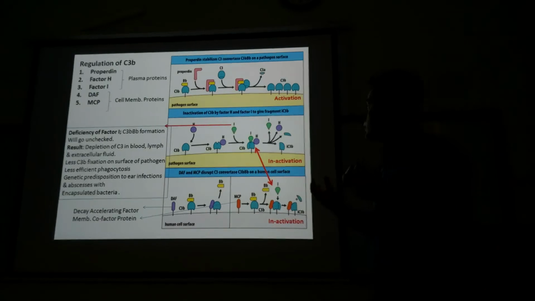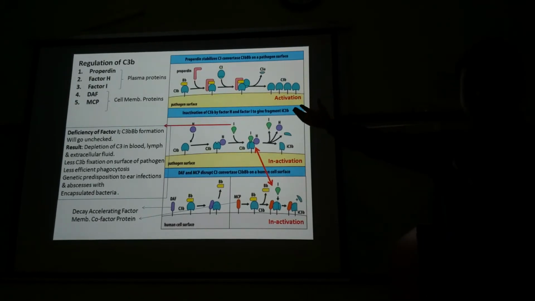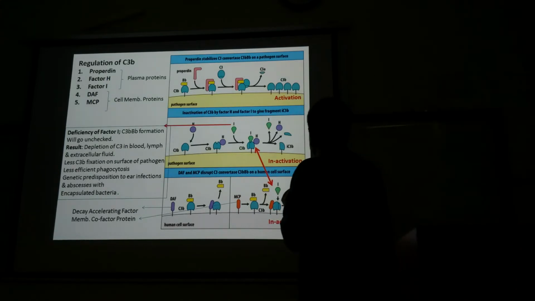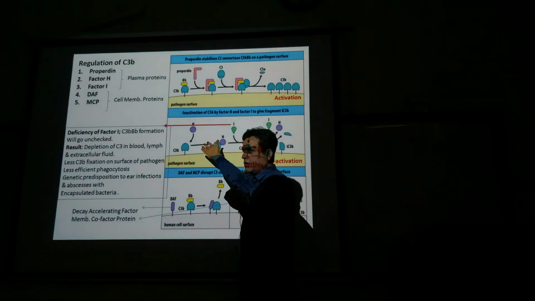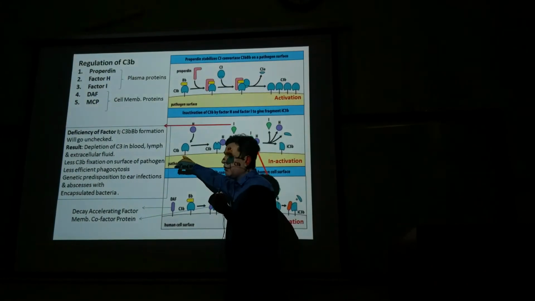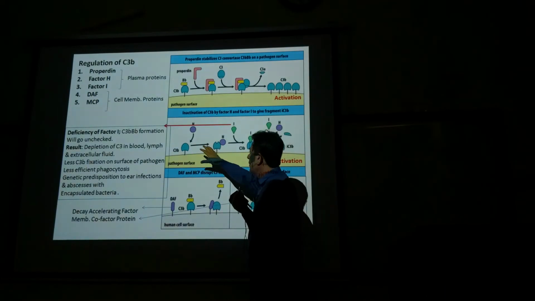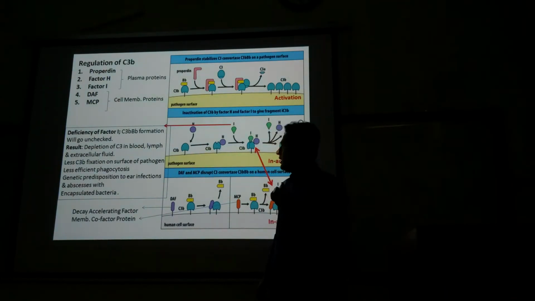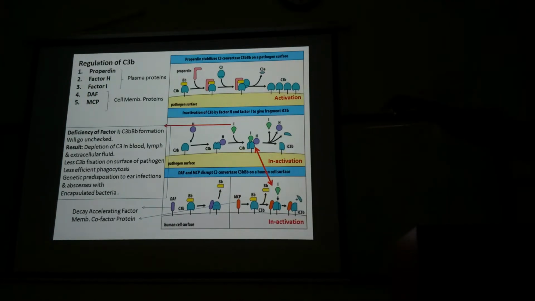It has a choice to bind either with factor B in order to make a functional C3 convertase, or it has a choice to bind with other factors like factor H. So factor H comes here, C3b prefers to bind with factor H, and when it is bound with factor H, the C3b undergoes a conformational change as indicated by the groove in that C3b molecule.